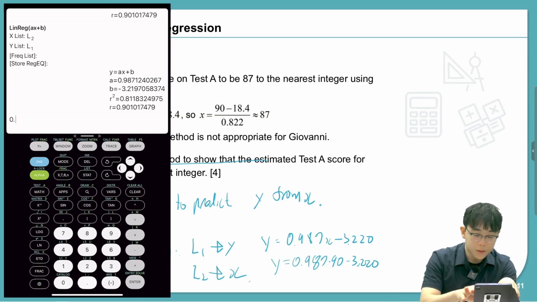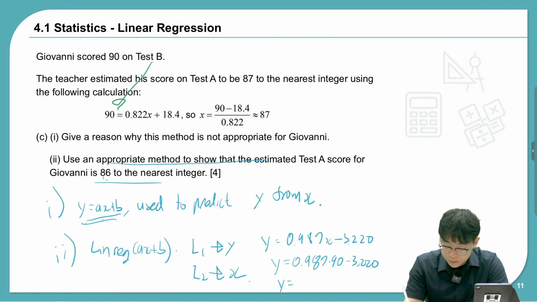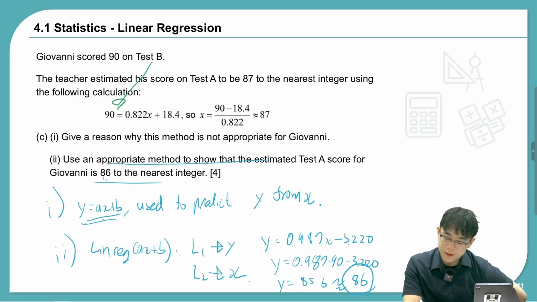So we have 0.9871240267 times 90, and then minus 3.2197058374. And that gives us a score of around 85.6, or roughly rounding to 86. Okay. So to the nearest integer, Giovanni's score is 86.